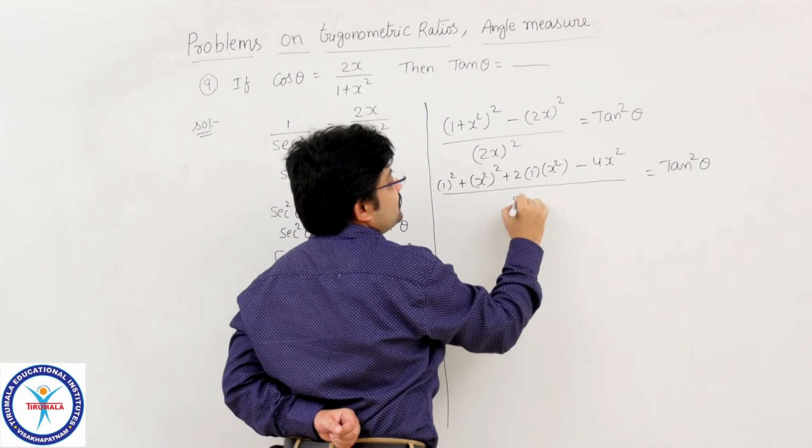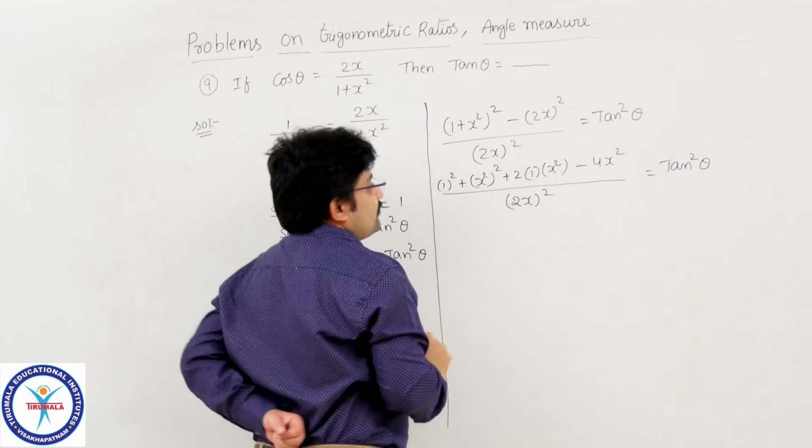Denominator keep it as 2x whole square only. Okay.